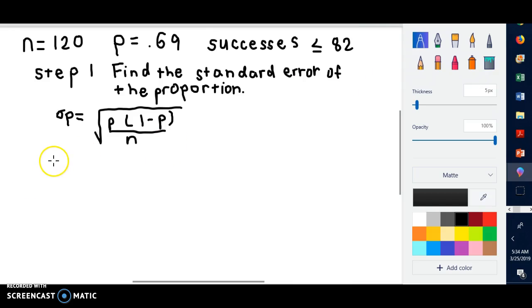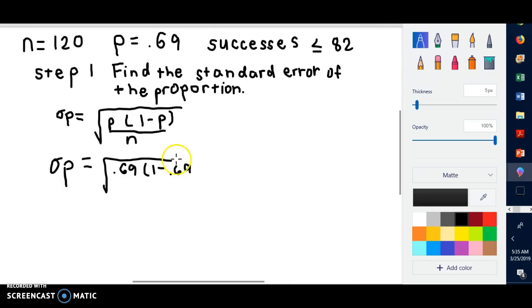Okay, so the standard error of the proportion: we know that p is 0.69 because it was given, times 1 minus 0.69.